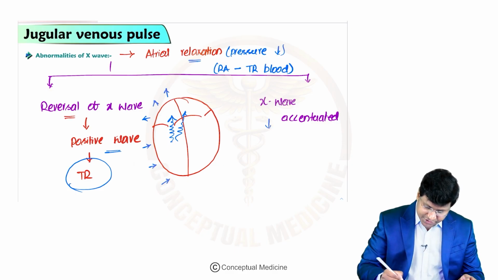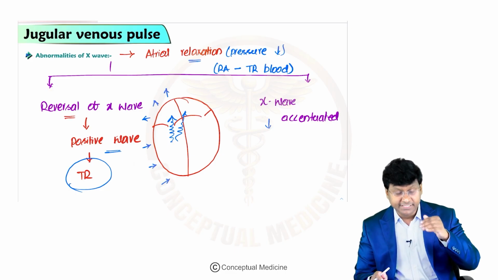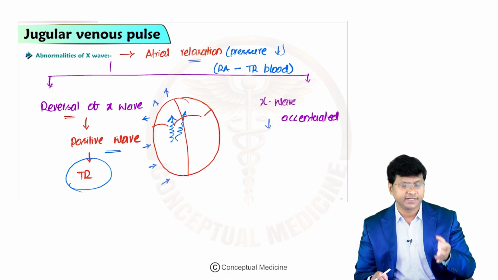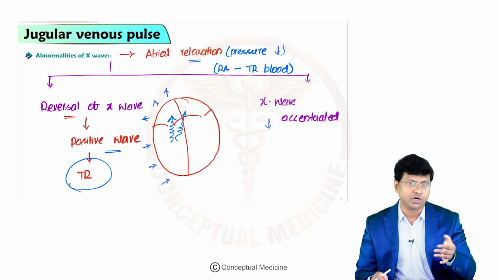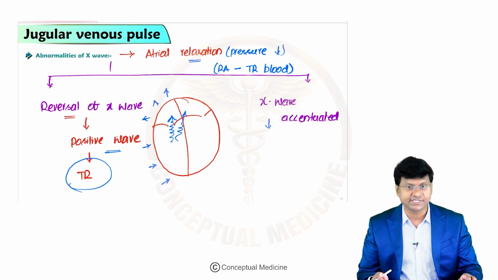Then, what are the conditions where the X wave is accentuated? The pressure fall within the right atrium is more than normal. That is the meaning of the X wave being accentuated.